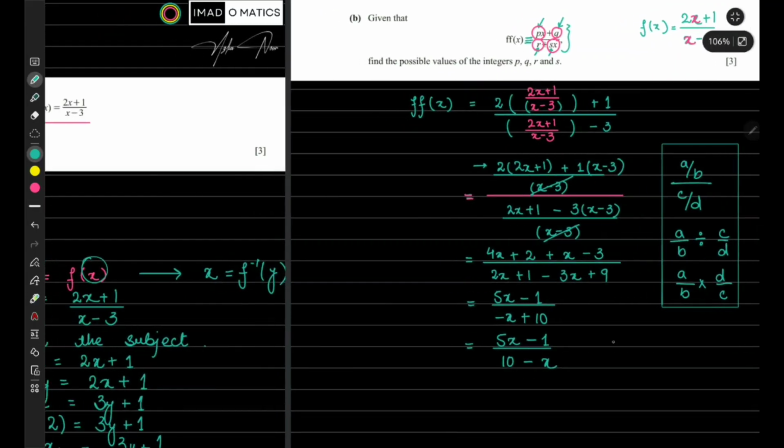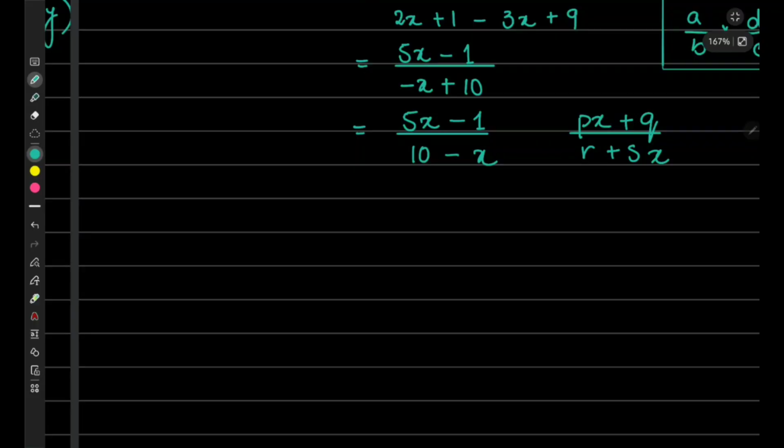Now compare it with px plus q over r plus sx. So if we compare it, we will get p as 5, q as minus 1, r is 10, and s as minus 1. If there is nothing, obviously minus 1.